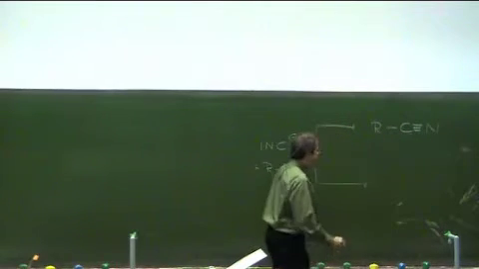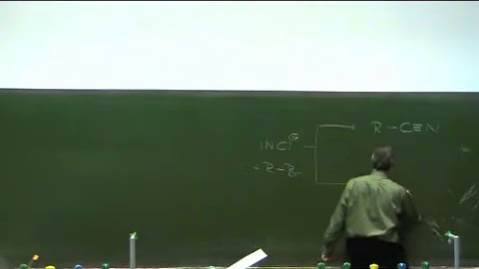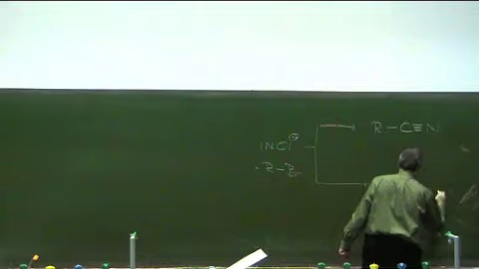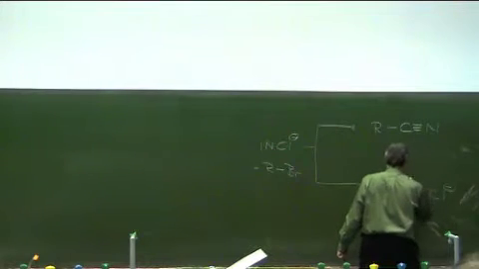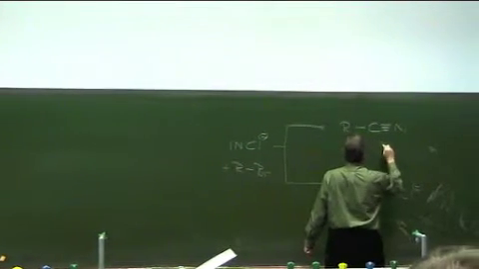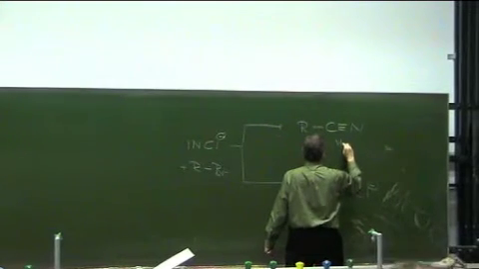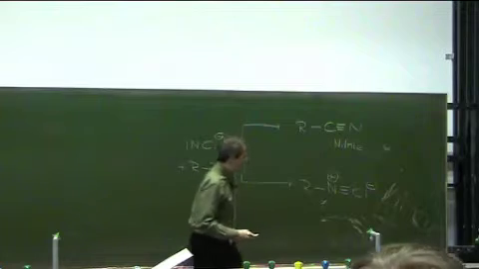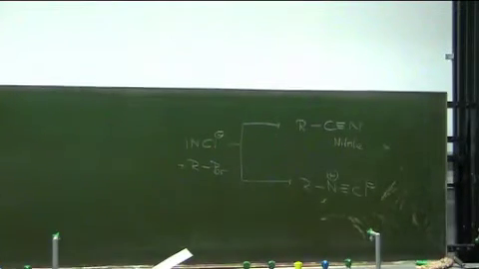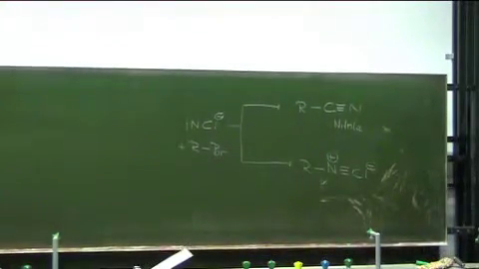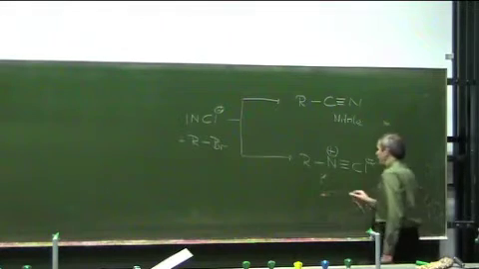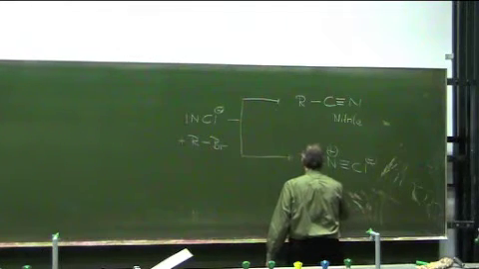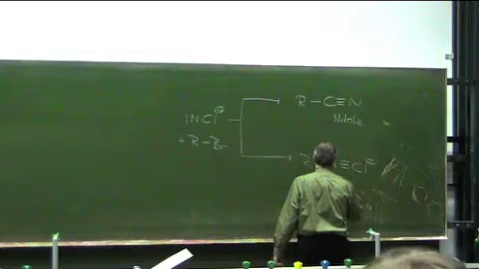And this can in principle lead to two different products: the class of compounds of nitriles, and isonitriles.